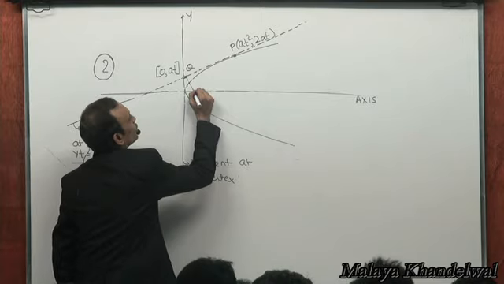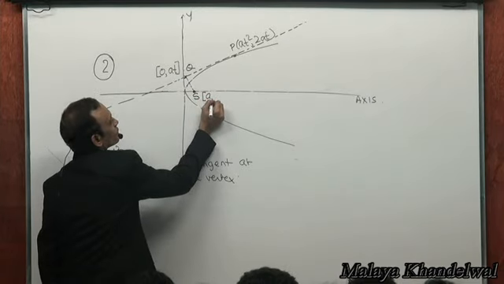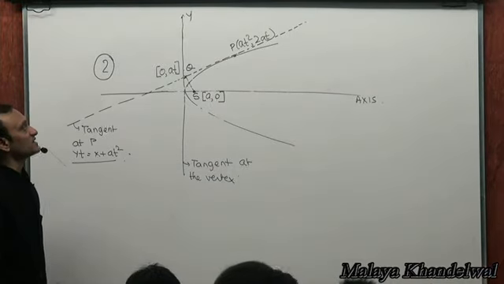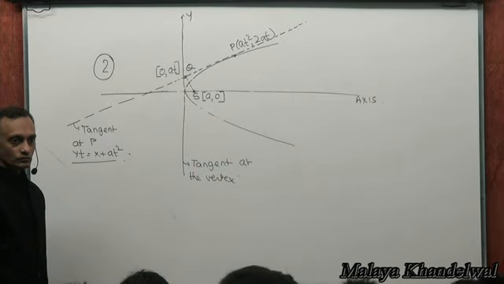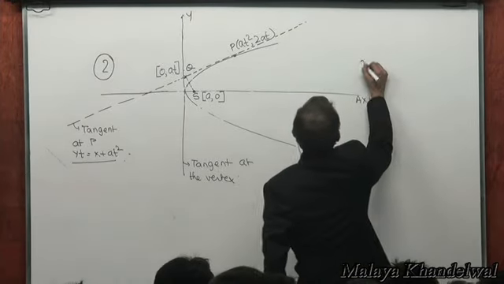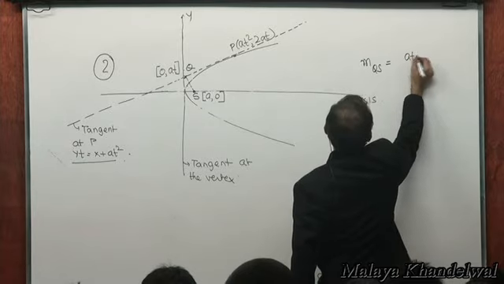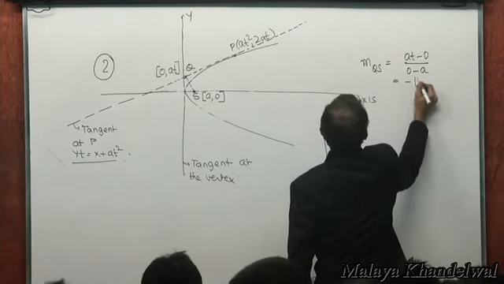Now I join Q to the focus S, (a, 0). What's the slope of QS? (at - 0) divided by (0 - a), which is minus t.